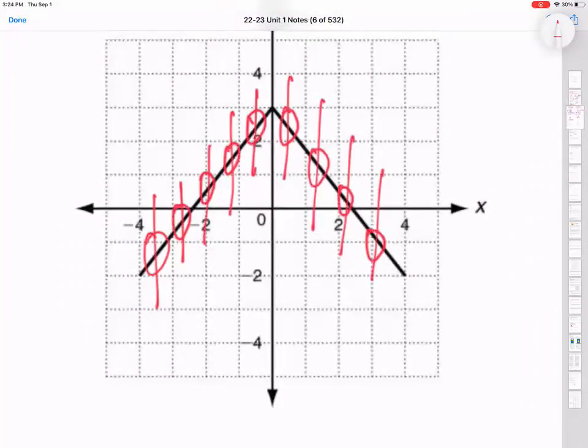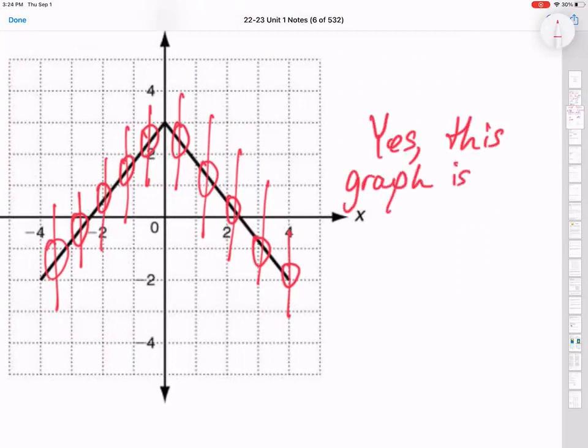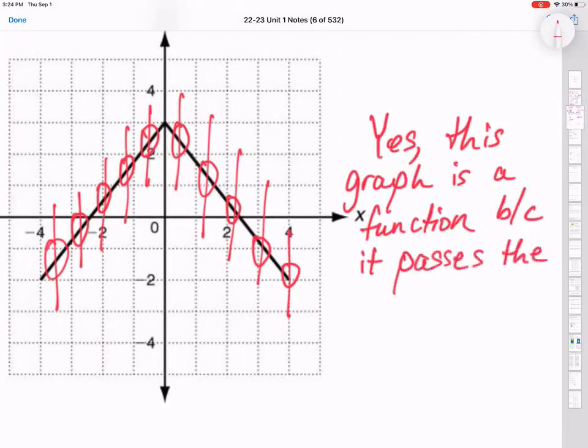Because we went throughout the entire graph from left to right and it succeeded by only crossing once every single time, this would be a function. So your answer here would be yes. This graph is a function because it passes the vertical line test.